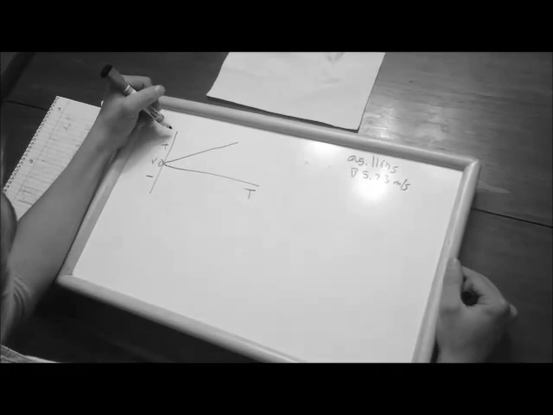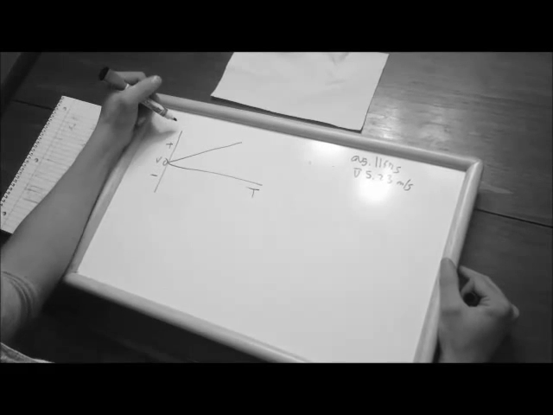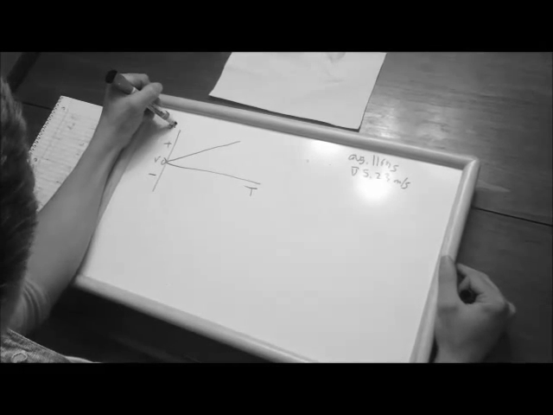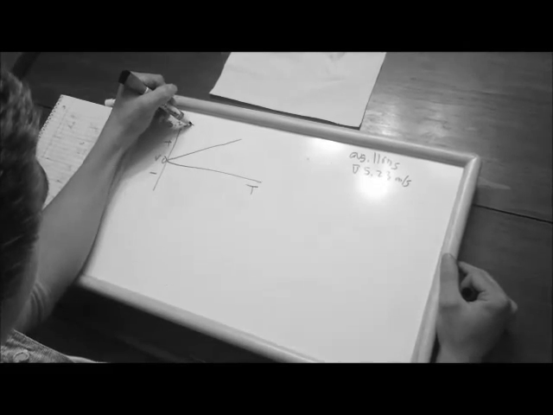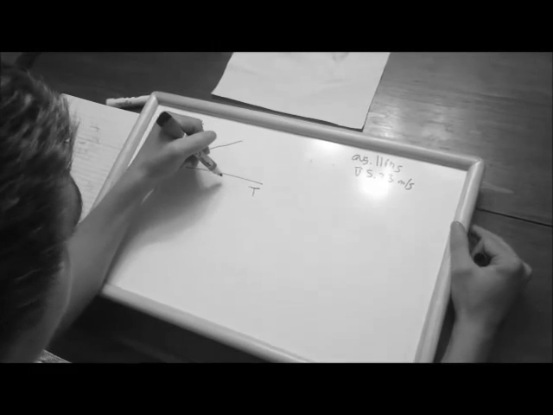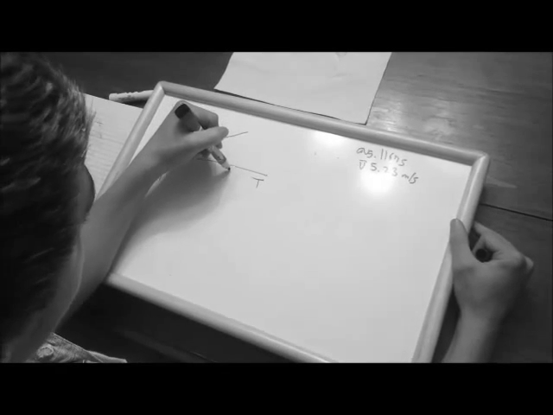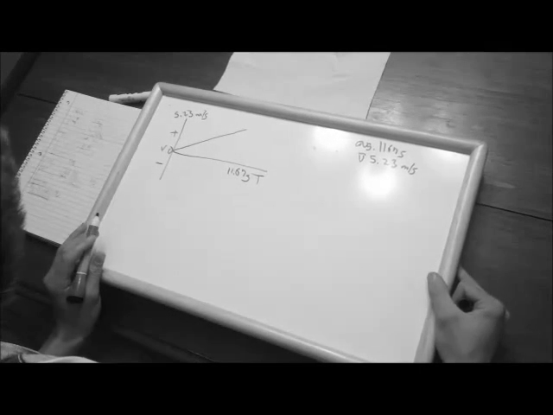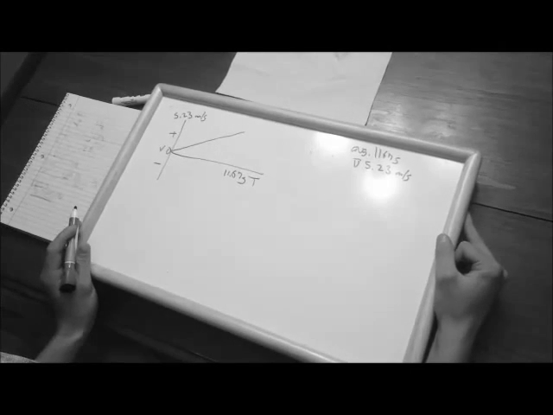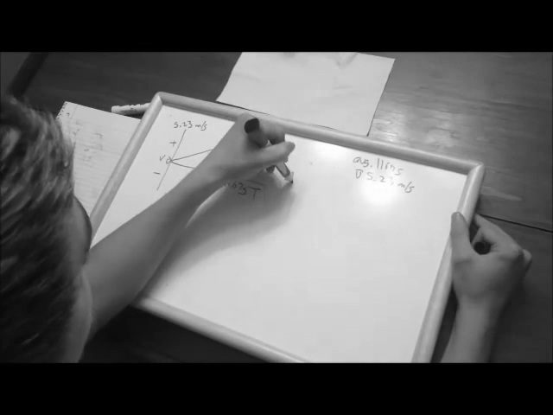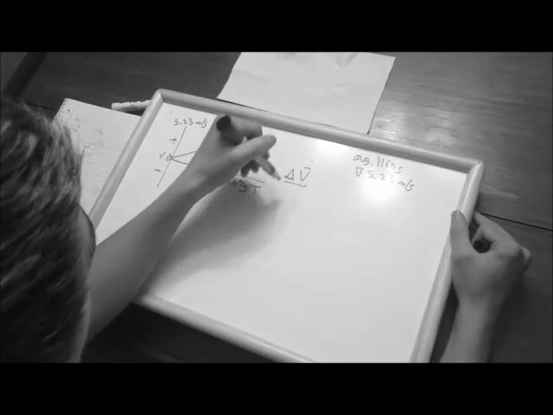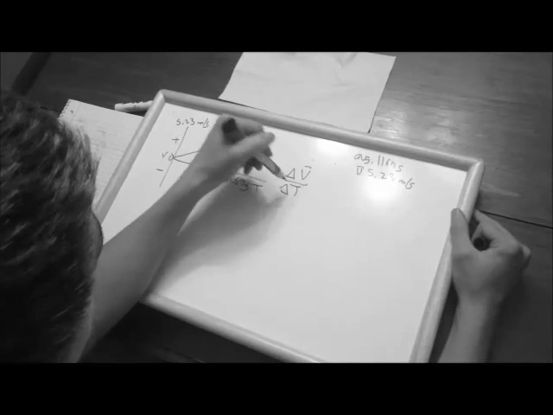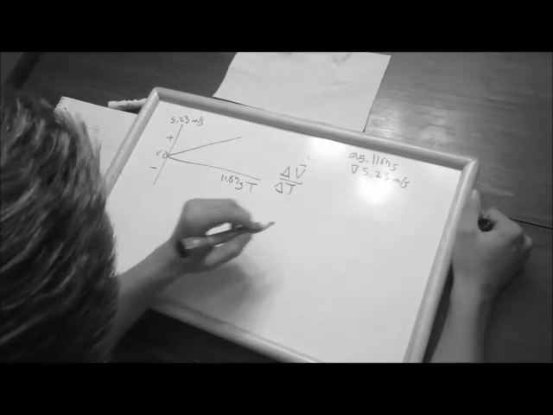And the velocity, our average velocity was 5.23 meters per second, and then the time, of course, was 11.67 seconds. And using those two, we're going to find acceleration by using the formula of change in velocity over change in time.